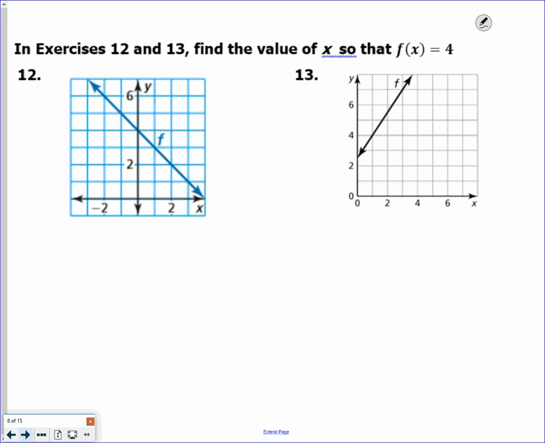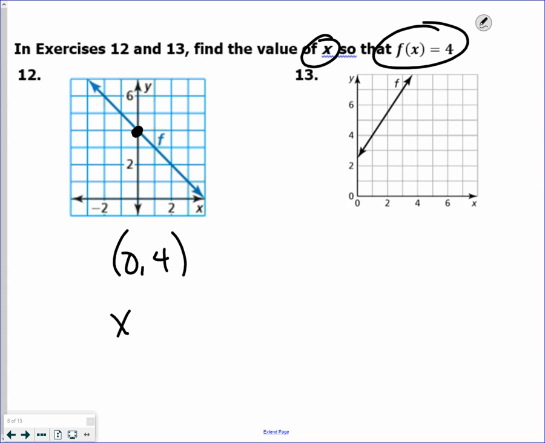So again, now I want to find the value of x when f of x equals 4. So I'm going to go over here now to the graph, and I'm going to find when y is 4. So up to where y is 4, and on the line would be the point 0, 4, or when x equals 0. Again, I would write it as a point.